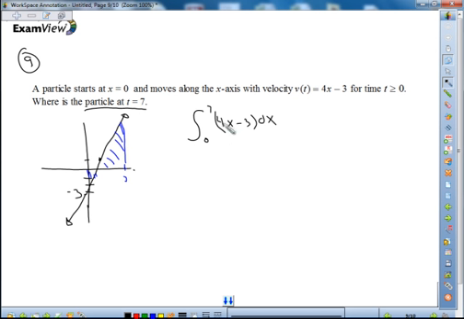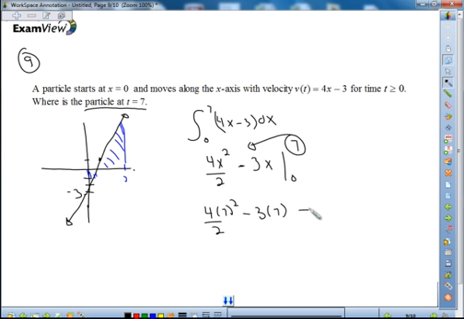So the antiderivative of 4x would be 4x squared divided by 2. The antiderivative of 3 would be 3x, and I'm going from 0 to 7. So I'm going to substitute the 7. And if I substitute the 0, it's just going to give me 0.